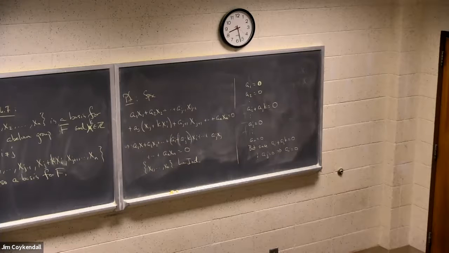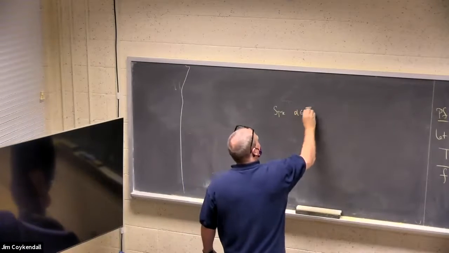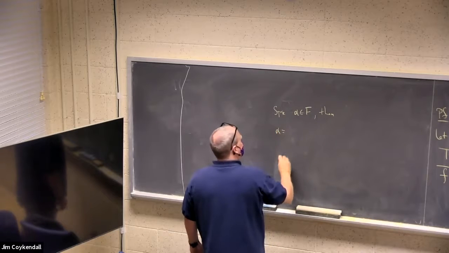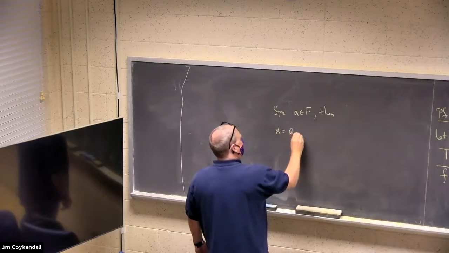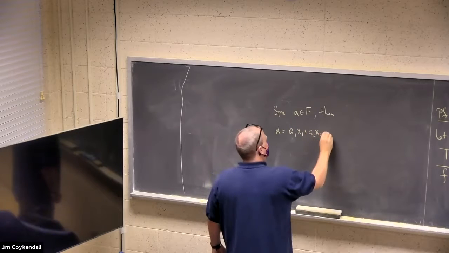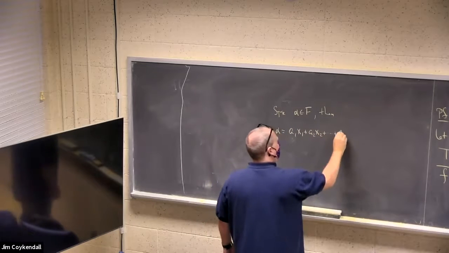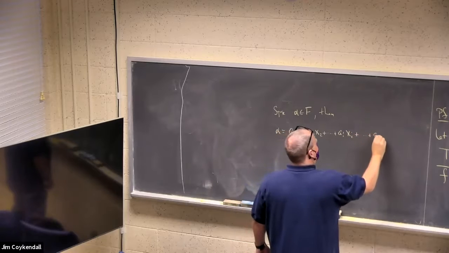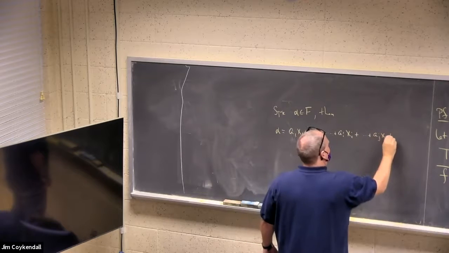The last bit is we need to be able to write everything in terms of this basis. So suppose alpha is in F. Alpha is A1 X1 plus A2 X2 plus ... plus Ai Xi plus ... plus Aj Xj.